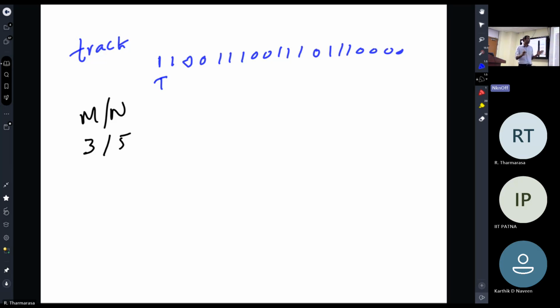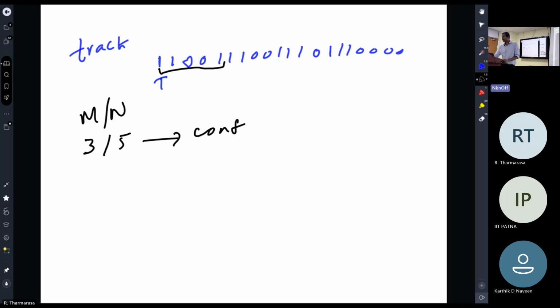In the last 5 frames, if I get 3 detections, I will promote. Otherwise, I will terminate. Correct? So after 5 frames, if I get 3 detections, I will confirm. Are you okay with that?